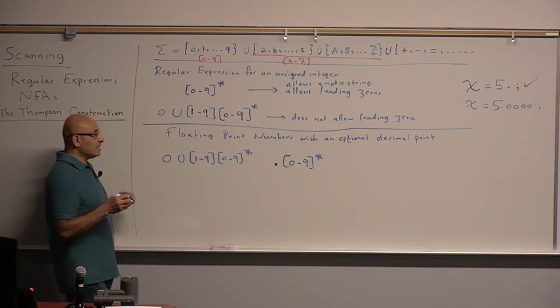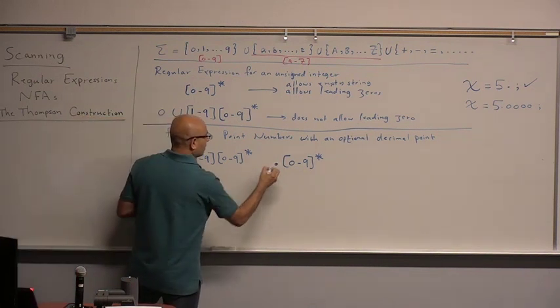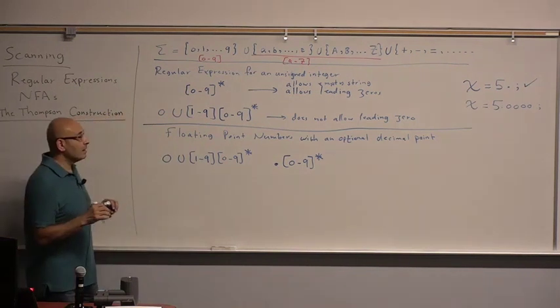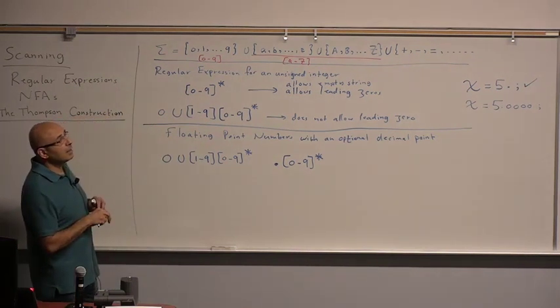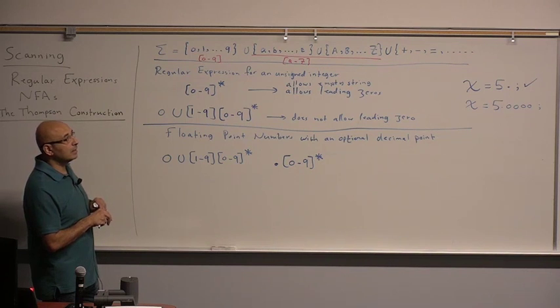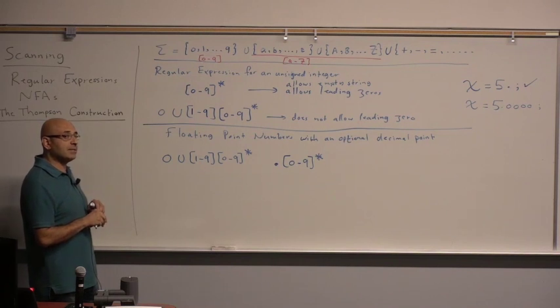If we want to make the decimal point optional, you can make the decimal point and everything after it, all of it optional. How? How do we express this using regular expressions? That's the question.